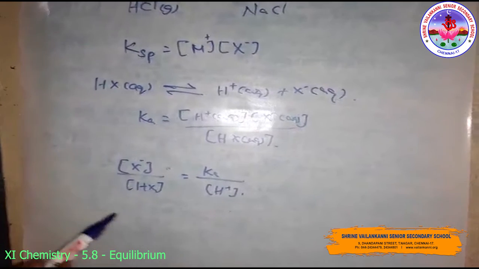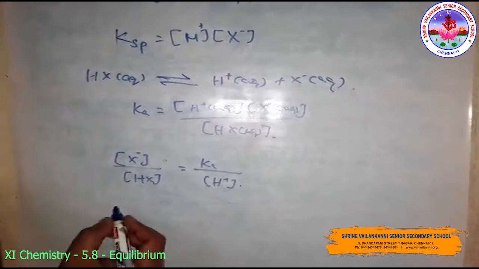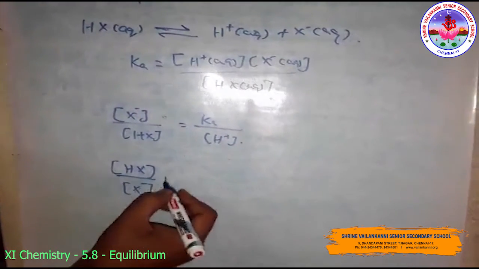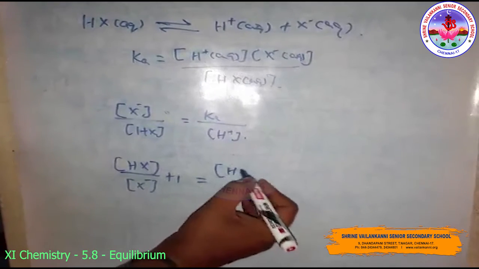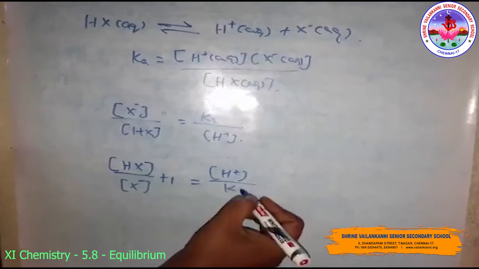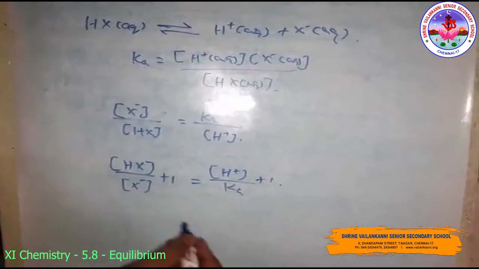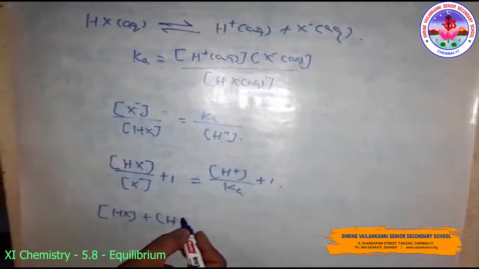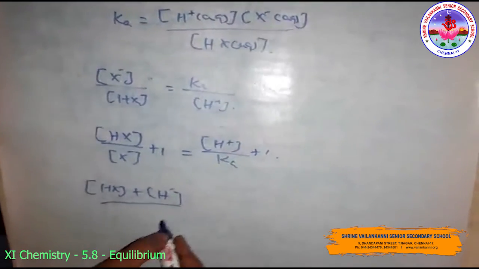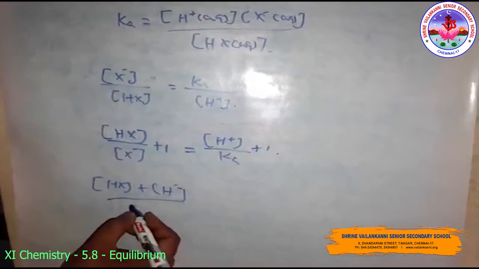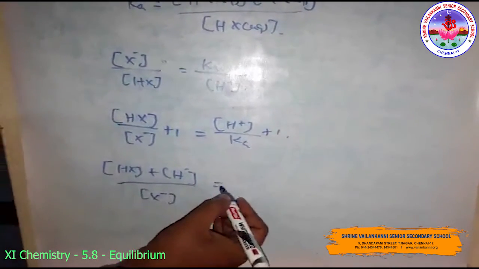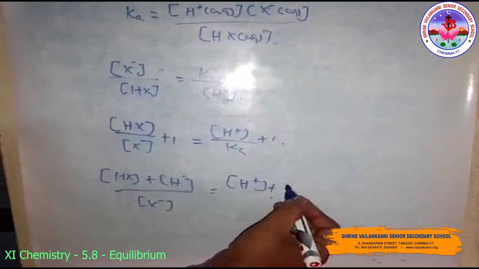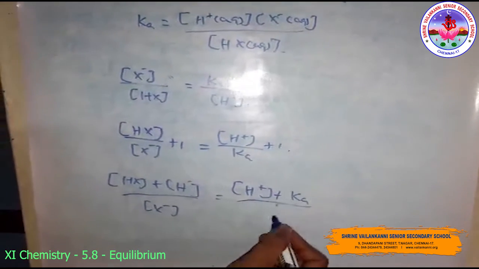So taking the inverse of both sides and adding 1, we get [HX] divided by [X-] plus 1 is equal to [H+] divided by Ka plus 1. So we get [HX] plus [X-] divided by [X-] is equal to ([H+] plus Ka) divided by Ka.